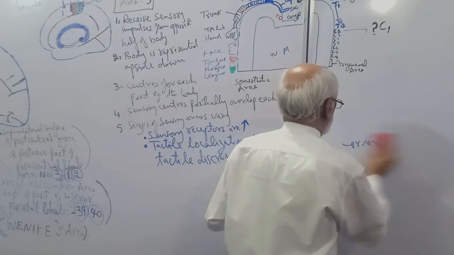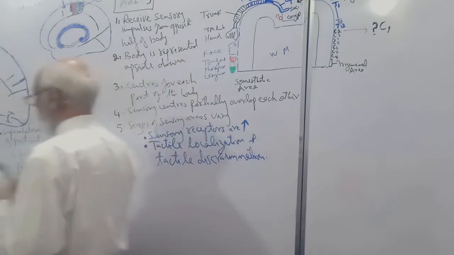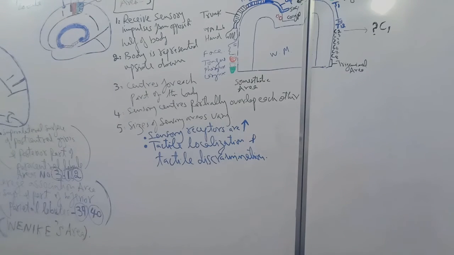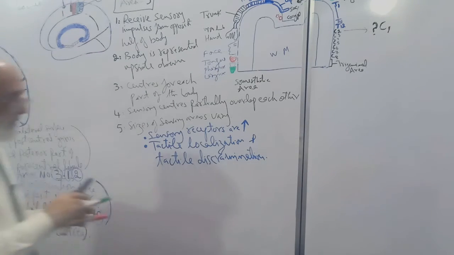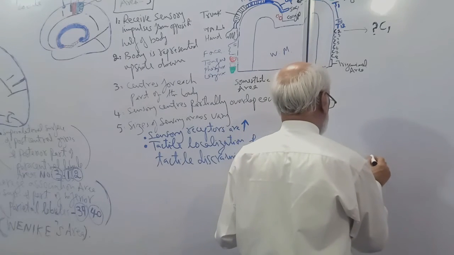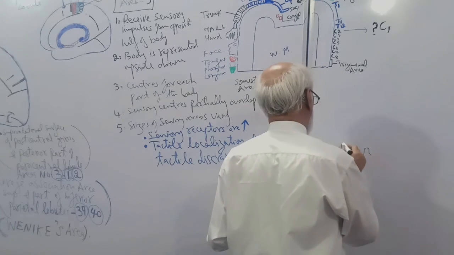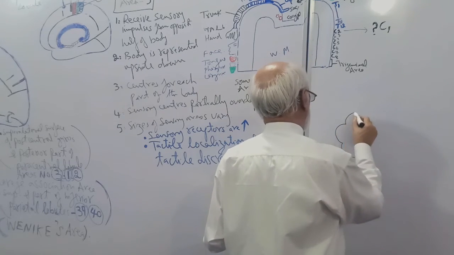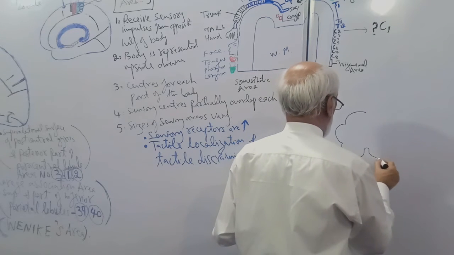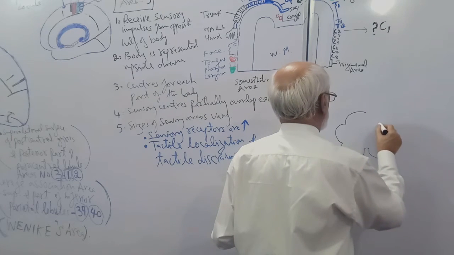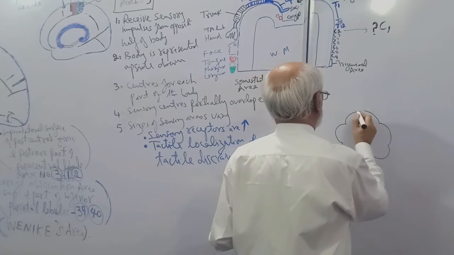if you cut a section of the spinal cord, outside is white matter, inside is gray matter. A section through the spinal cord, anterolateral sulcus, posterolateral sulcus on each side, and posterior median sulcus.